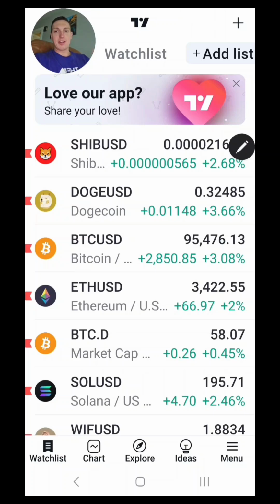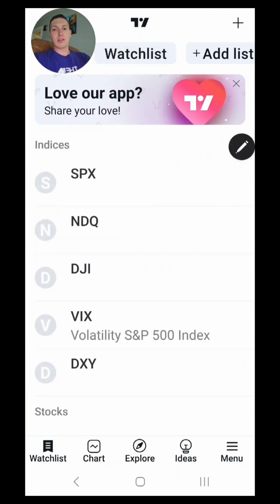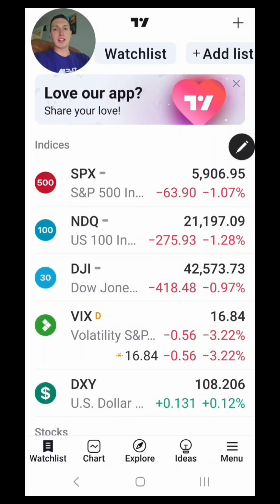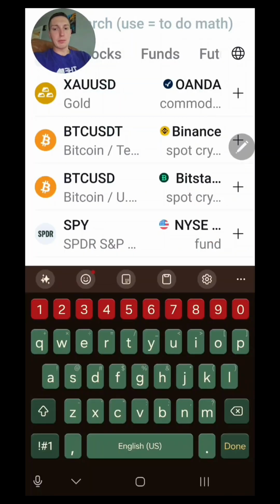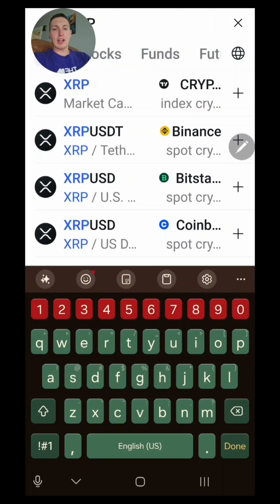But anyways, you get into the app, right? And to get started, your list will be blank, or look something like this. I think they give you a standardized list. So say you want to look up XRP. Type XRP in the search bar, and it'll bring up all of these different options for you to choose from.